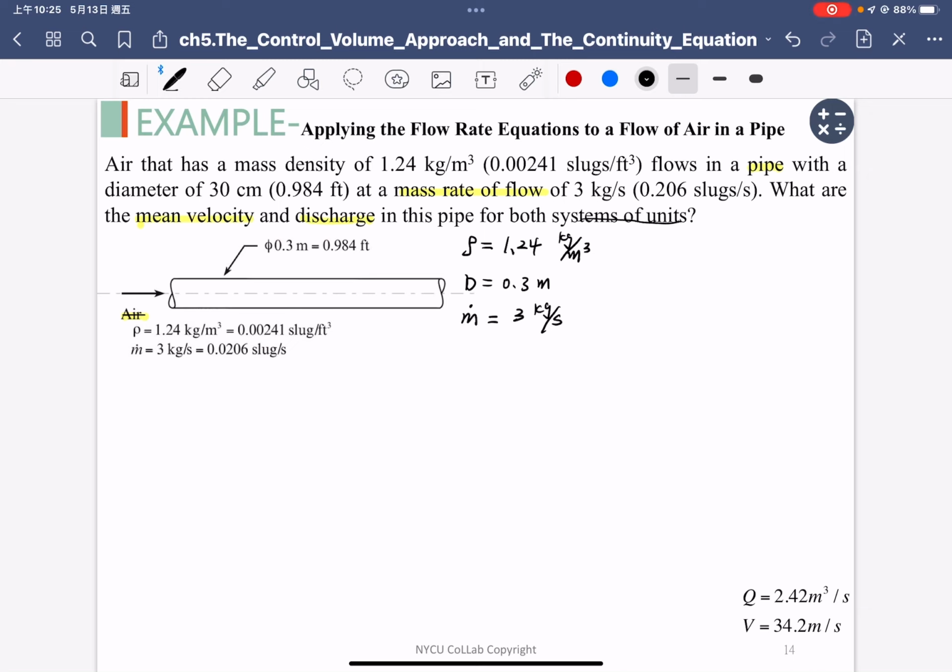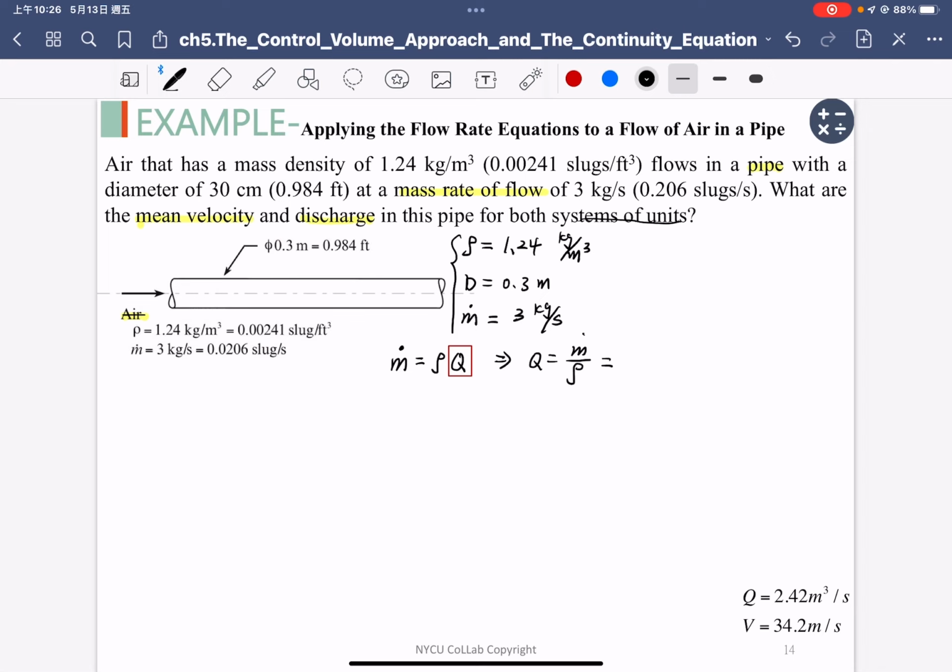But in class we only focus on the English unit here. Okay, so what do we have? We only have three conditions, and we can start from the mass rate, because we know the mass rate equals the density multiplied by Q. But right now we need to find how large the discharge is, which we don't know. So Q will equal the mass rate divided by the density.